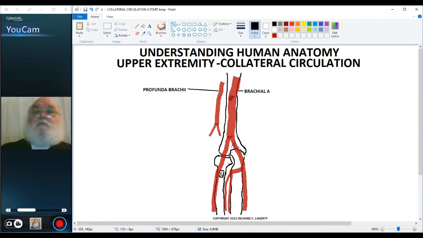I started the diagram inferior to where it branches off the brachial artery.